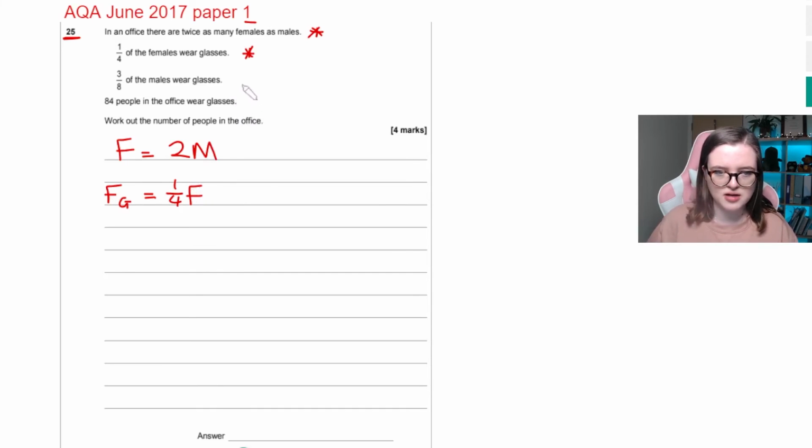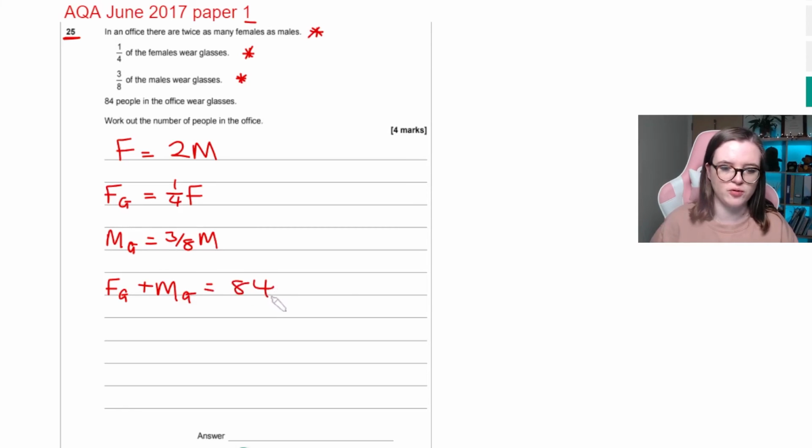And 3/8 of the males wear glasses, so the males who wear glasses is going to be 3/8 of the total number of males. And 84 people in the office wear glasses, so the females who wear glasses plus the males who wear glasses is going to be 84.